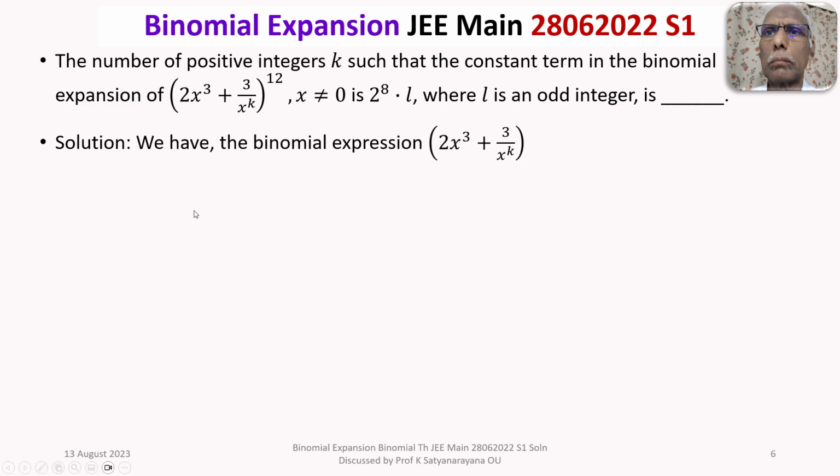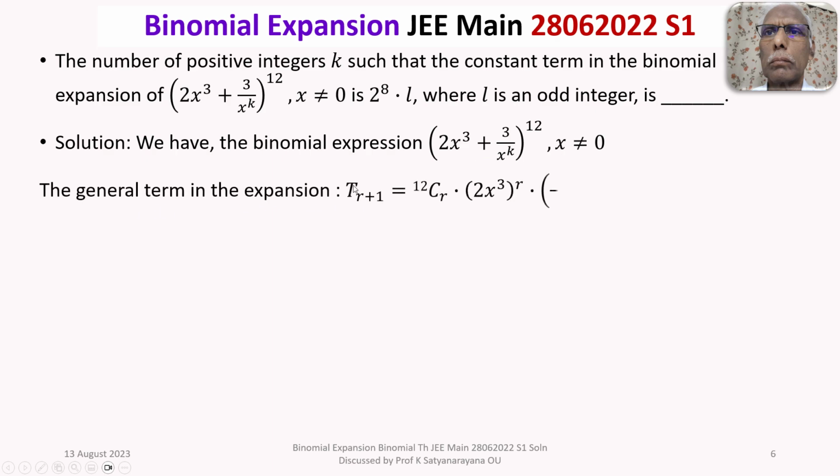We now discuss the solution of the problem in detail. We have the binomial expression (2x cube plus 3 by x to the power of k) whole to the power of 12, x not equal to 0. When you expand it by means of the binomial theorem, the general term in the expansion is t r plus 1.